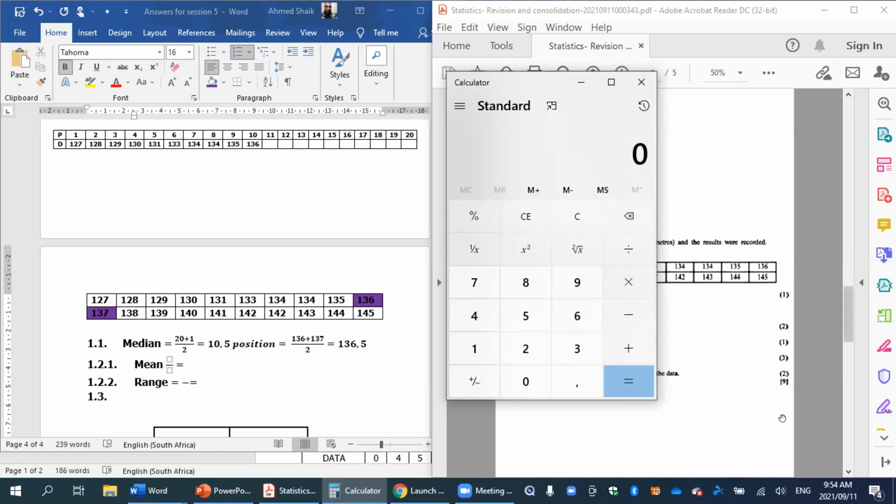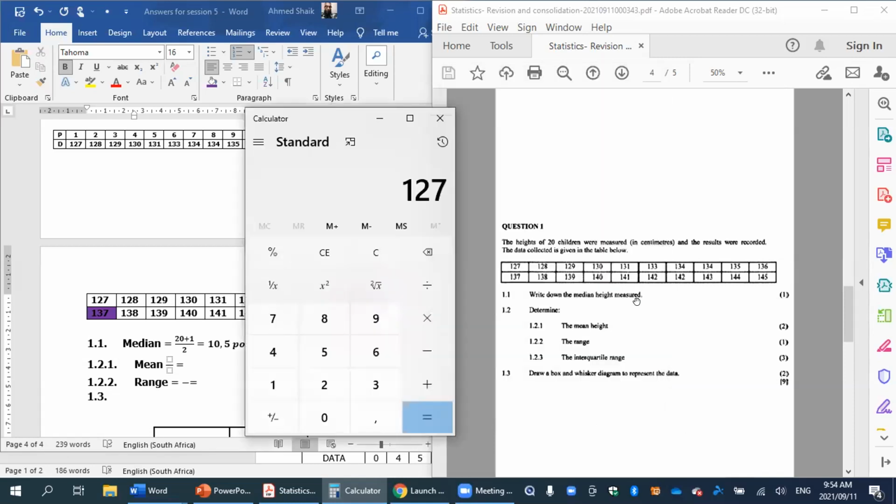So we've got 127 plus 128 plus 129 plus 130 plus 131 plus 133 plus 134 plus 134 plus 135 plus 136 plus 137 plus 138 plus 139 plus 140 plus 141 plus 142 143 plus 144 plus 144.